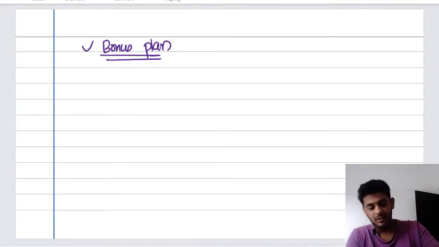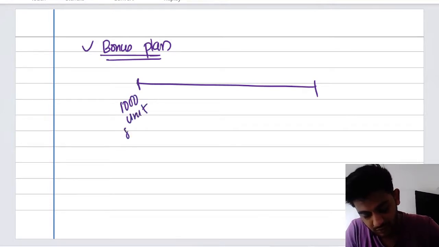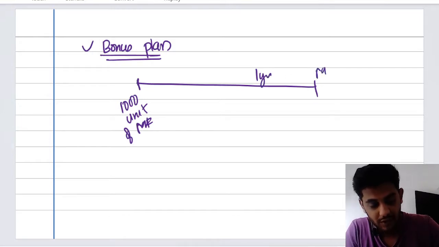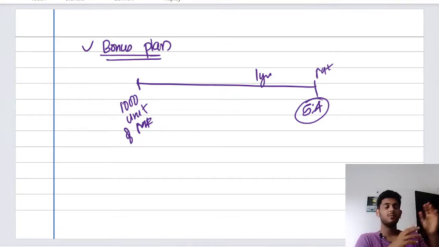For example, a person had 1000 units of a mutual fund, and after 1 year the mutual fund house declares, on the basis of a ratio like 5:4, that they will give additional bonus units, free of cost.